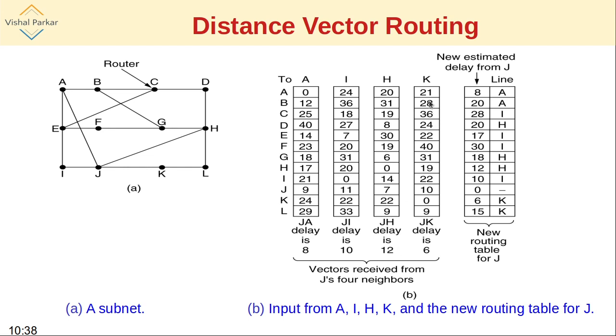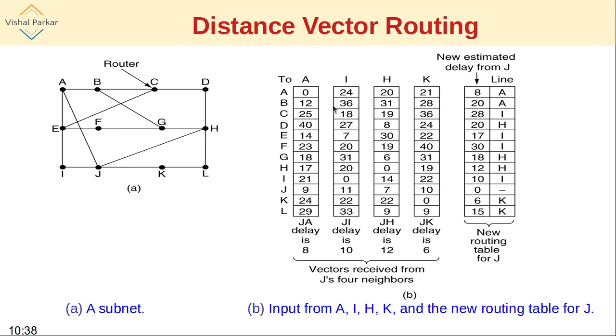Similarly, if J attempts to go to B through K, the JK distance is 6, but KB distance is 28. So it will take 28 plus 6, 34 to reach B through K.